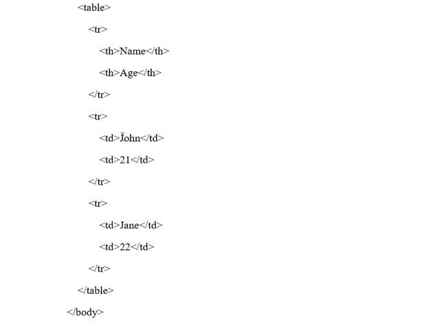The first data cell is where you insert the student's name, and the second data cell is where you put the age of the student. This is how you can do it using the td tag under the second row.